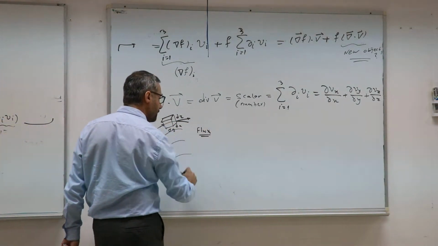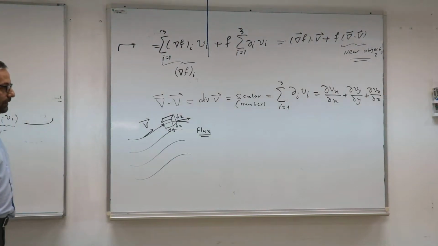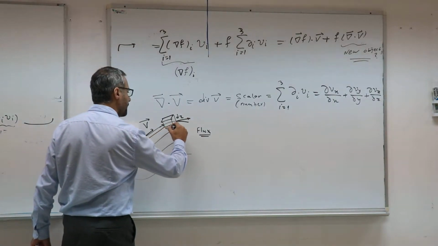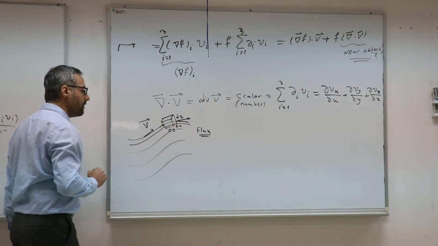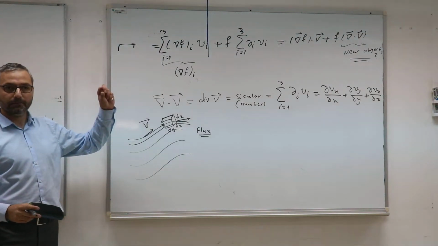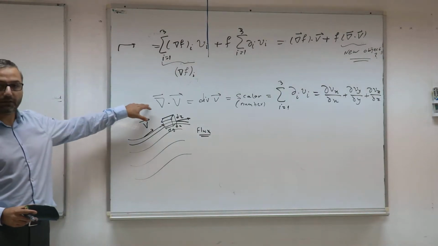Divergence is related to the quantity called flux. If you want to think about it very easily, it is the number of fluid lines passing through a very small, tiny element per unit time. This is the meaning of divergence.